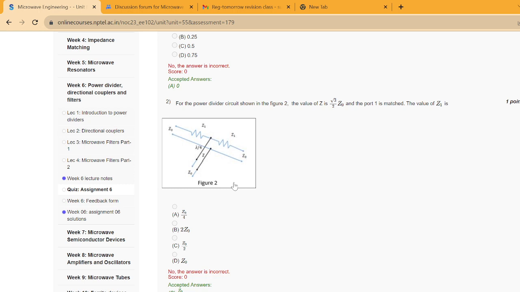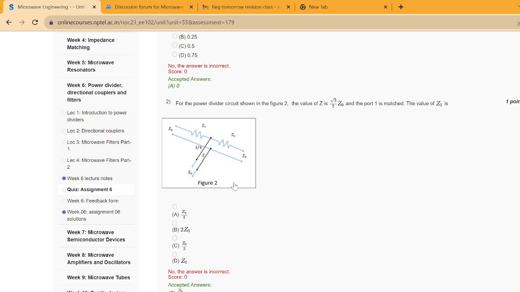Okay, let us read the question. For the power divider circuit shown in the figure, the value of Z is given. And the port 1 is matched. Okay. What is the meaning of port 1 is matched? Reflection coefficient will be 0. So how do we write it?